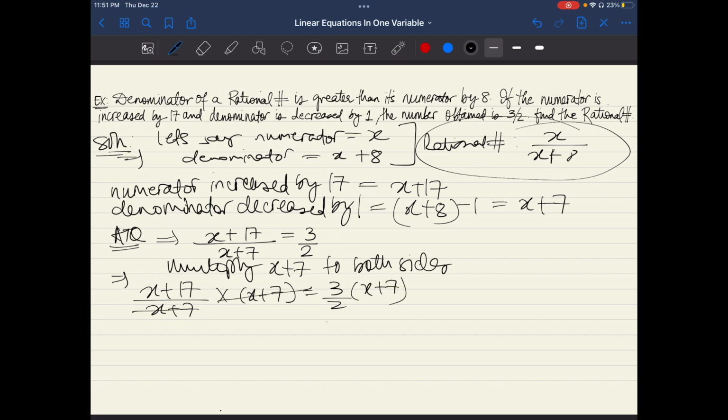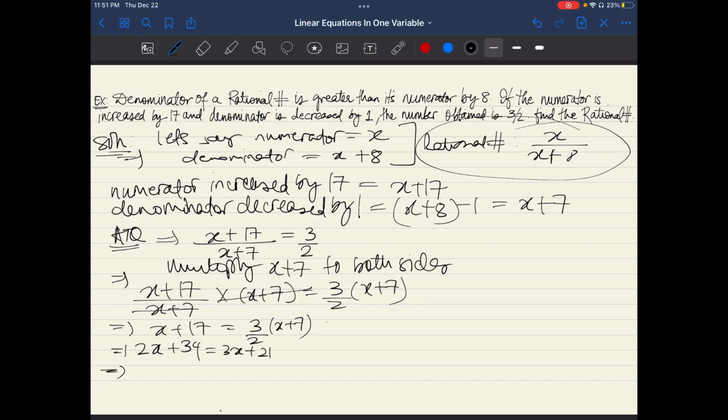So now we have eliminated x completely. And now we are left with x plus 17 equals 3 over 2 times x plus 7, which is 2x plus 34 equals 3x plus 21.